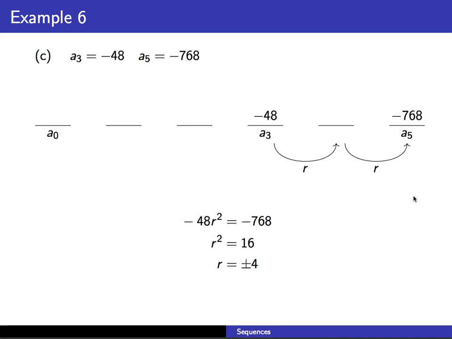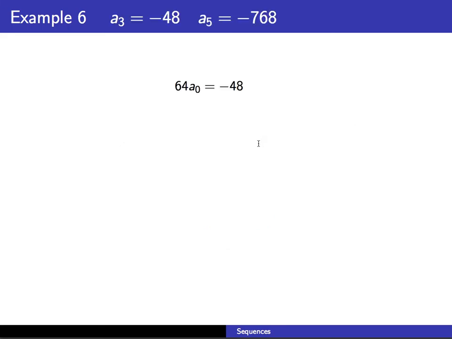To find the first term, we actually would have to multiply by 4. We'll use 4 in this case, but truth be told, we could use negative 4 as well. We'd have to multiply by 4 once, twice, and 3 times to get from our y-intercept to our third term.